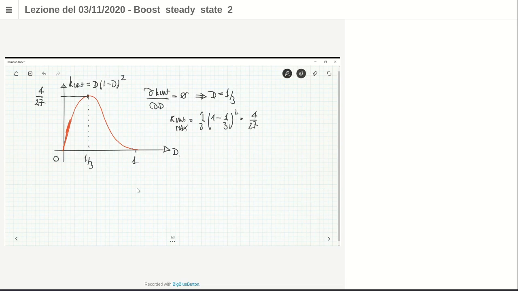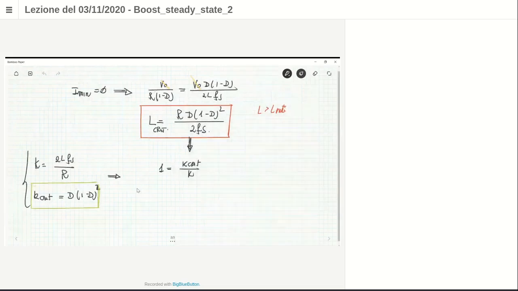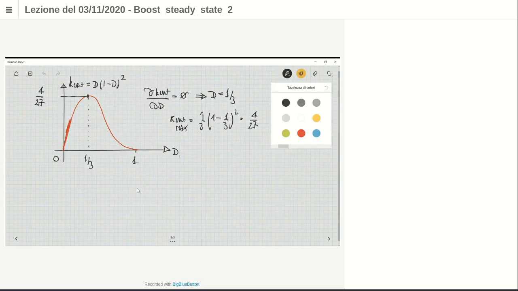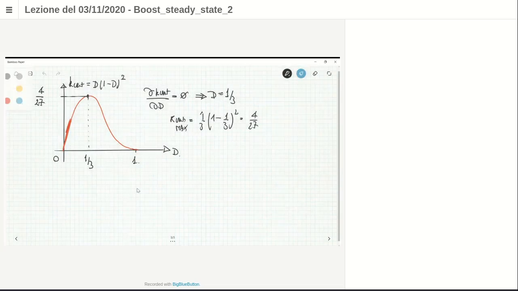So this is the expression, and then in order to understand which kind of operating mode we are operating in, you have to compare K critical with respect to K. So if K, for example, is here, let me call this K1.